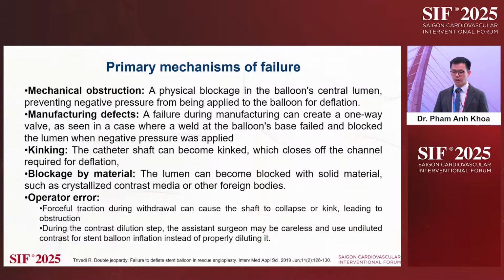When we looked for mechanisms of failure of stent balloon deflation, maybe it's from mechanical obstruction, manufacturing defects that may create a one-way valve, or kinking or blockage with material like thrombus, plaques, or debris, or even something from our hands stuck on the glove, or maybe it's from the force from operators.